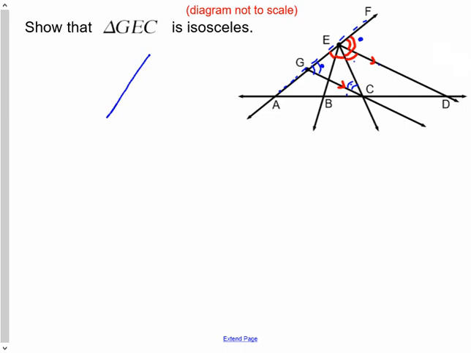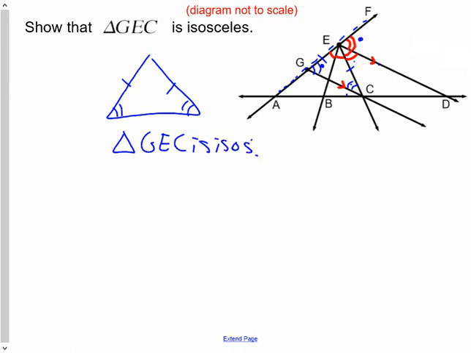So it doesn't look great, but it's really like this, where we have these two angles congruent, giving us these sides congruent, and therefore triangle GEC is isosceles. Got to mess around with those parallel lines and the angles.